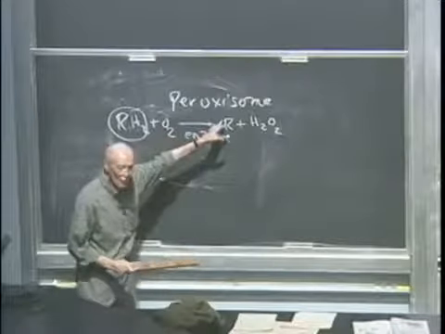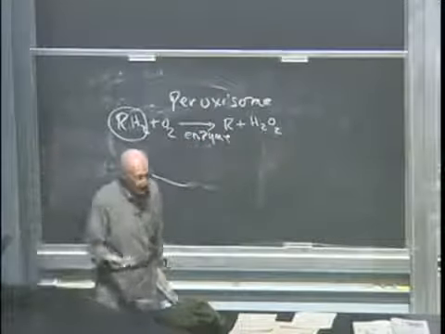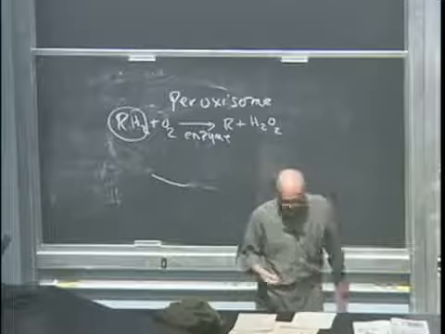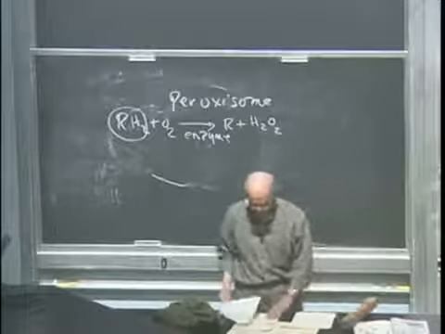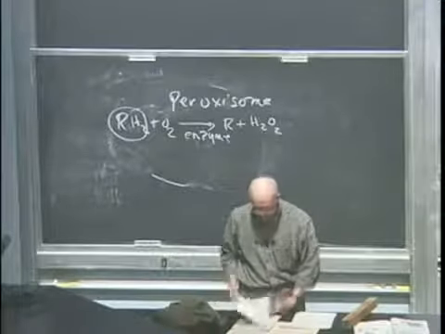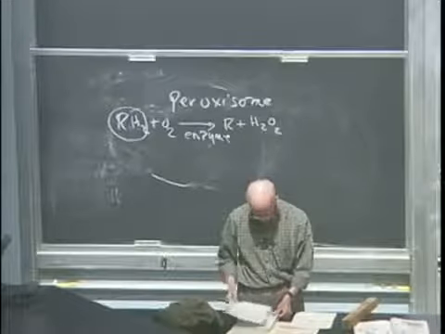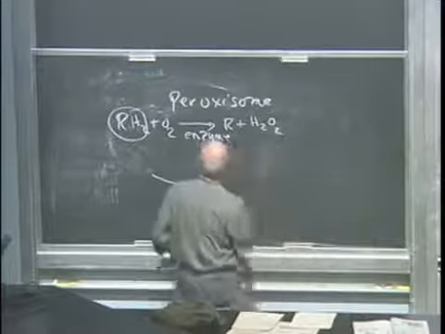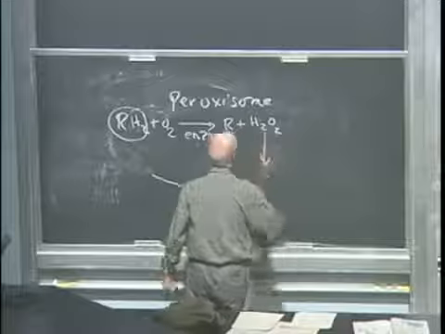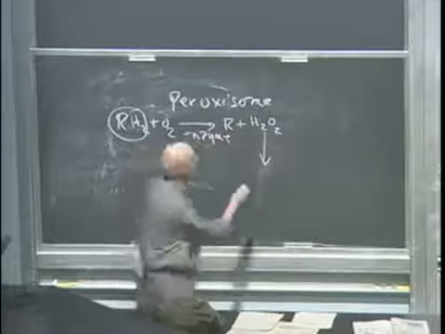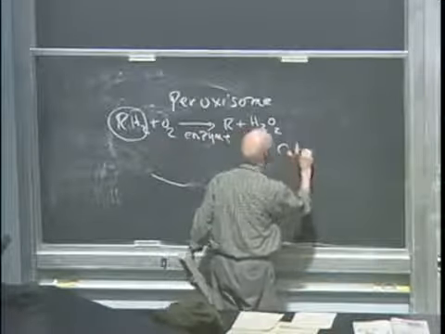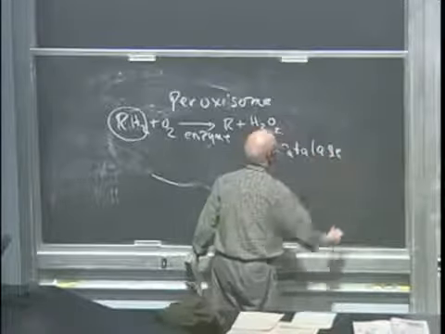That's why it's peroxisome. Now, hydrogen peroxide is not a very nice material either. So you have to get rid of it. And these organelles contain large amounts of an enzyme, which is known as catalase. We'll come back to this enzyme.